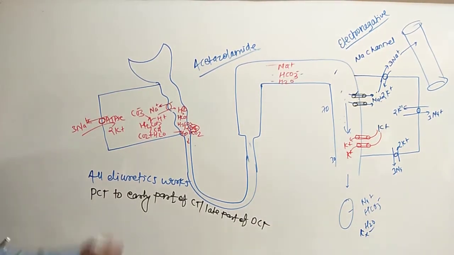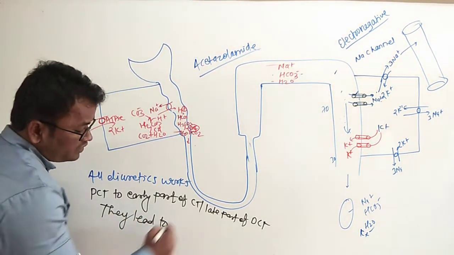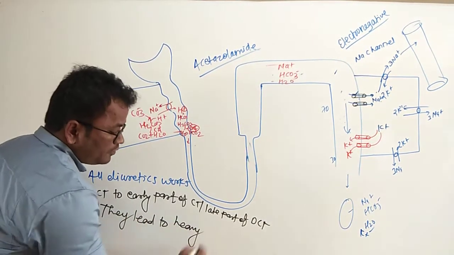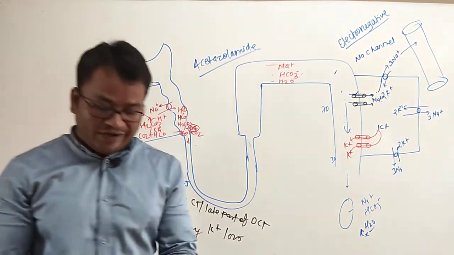They lead to heavy potassium loss, so these are the potassium wasting diuretics.